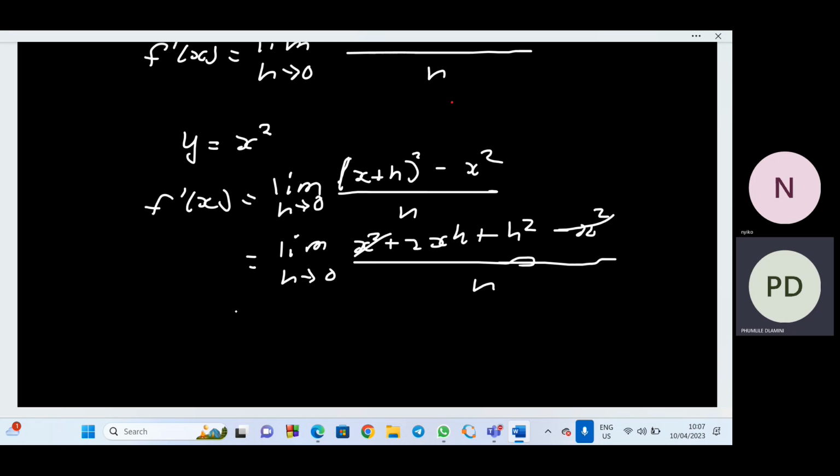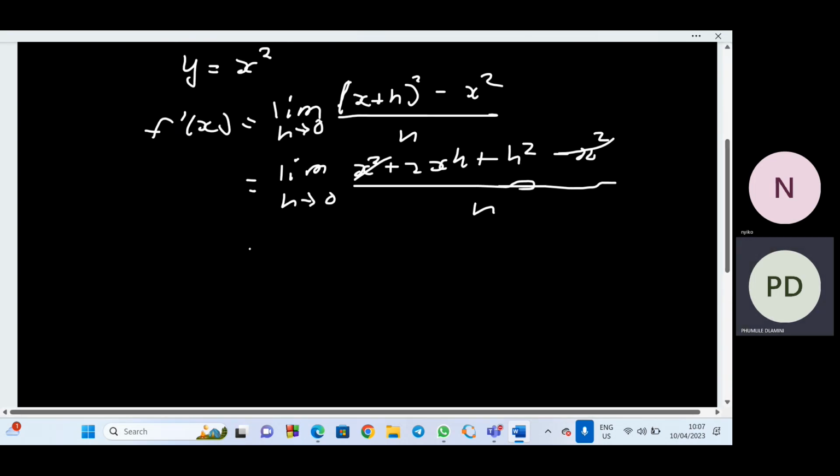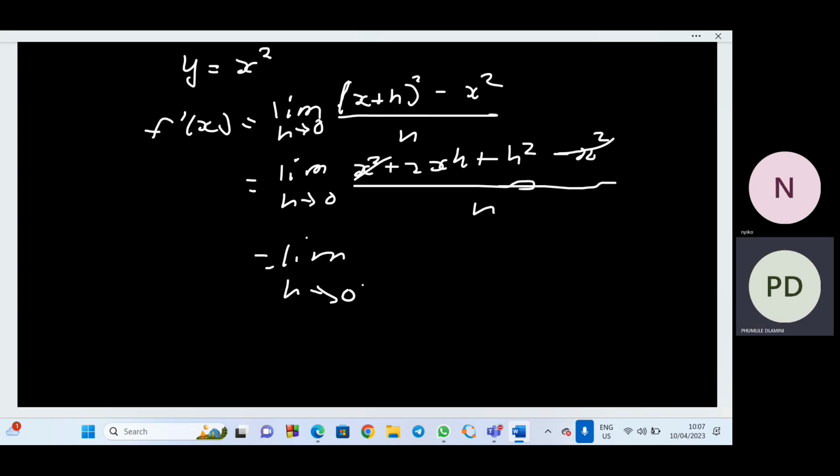Then you'll remain with the limit as h approaches 0 of 2x and h, and h here.